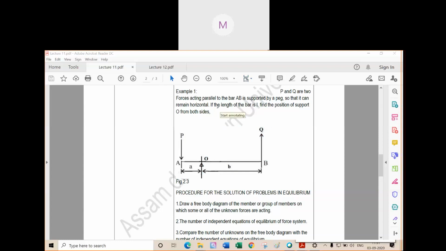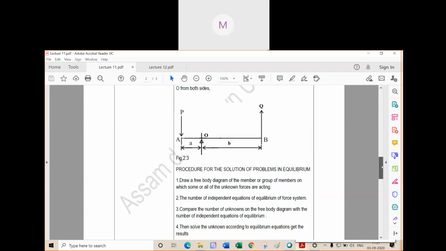If the length of the bar is l, find the position of support O. You have to find out the position of support O from both sides. Now, how will you find out that? This is the question.